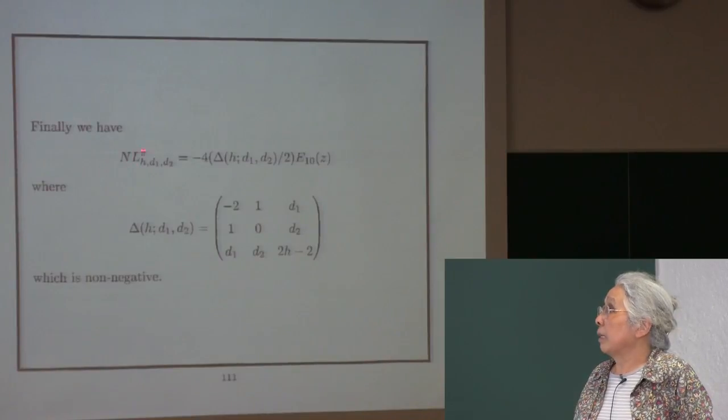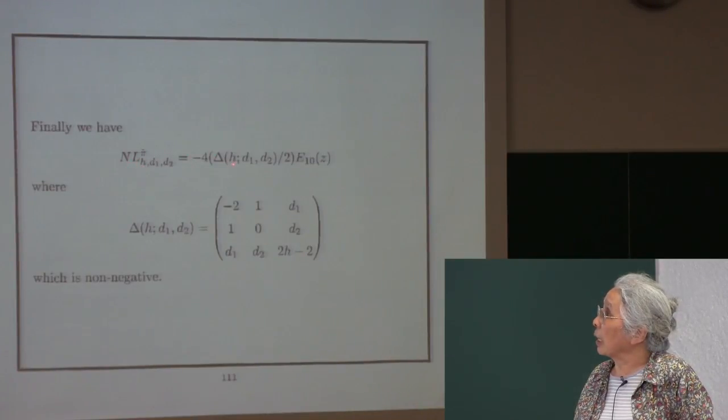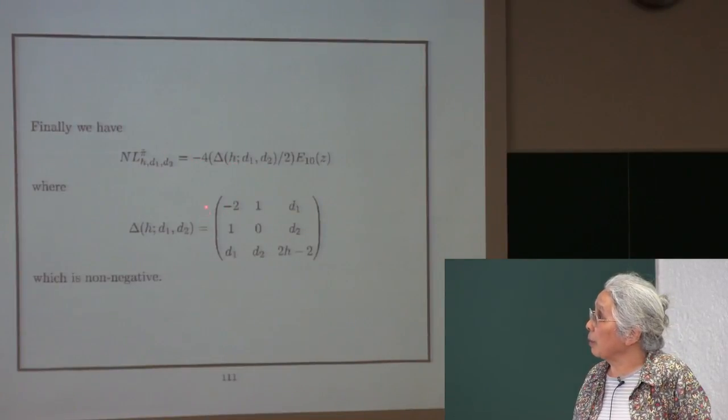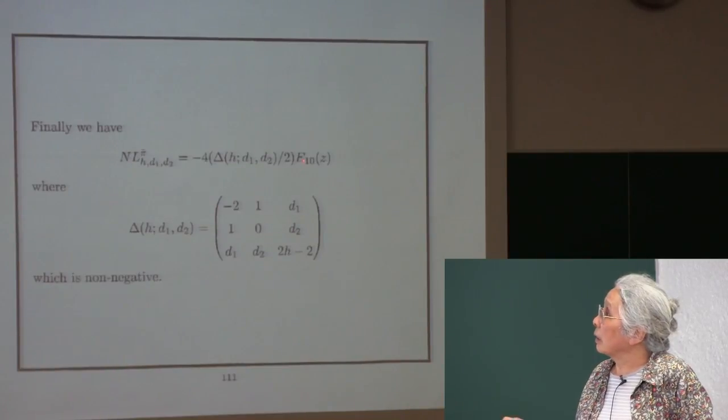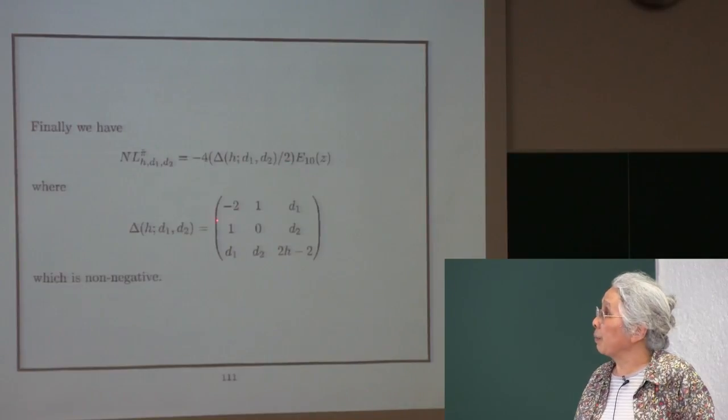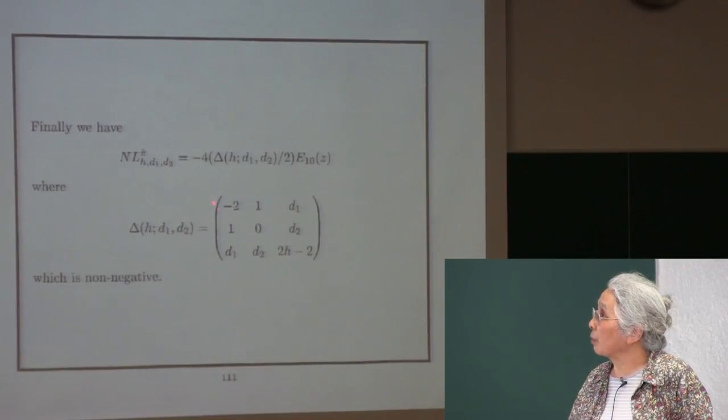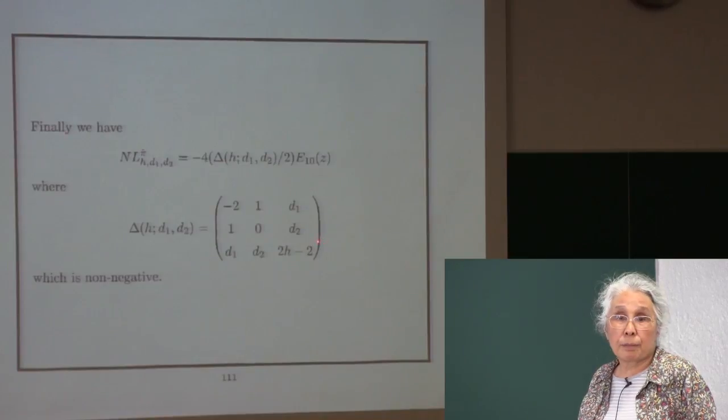Finally, the Noether-Lefschetz number for this h is just a scalar multiple of E10, and this scalar is given by the determinant of this minus 4 times the determinant of this.